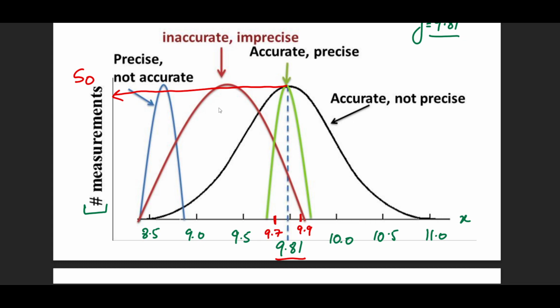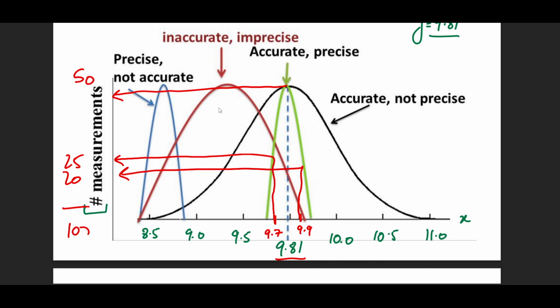How many times did you get 9.7? Probably 25 times. How many times did you get 9.9? Probably 20 times. So let's add them together. Let's say that this is 100. You did the experiment 100 times, and out of those, you got 9.81 at least 50 times.